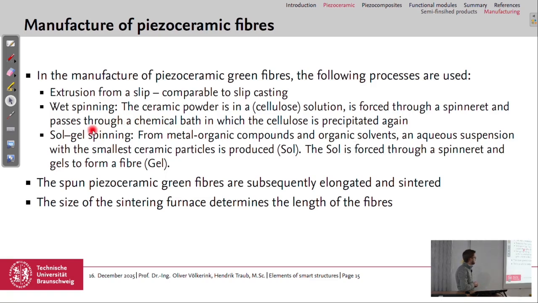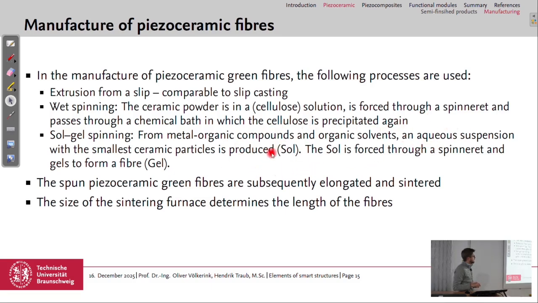And the third process would be sol-gel spinning. You have a metal organic compound and also solvents and a suspension. And then at first you have the small ceramic particles in this mixture.